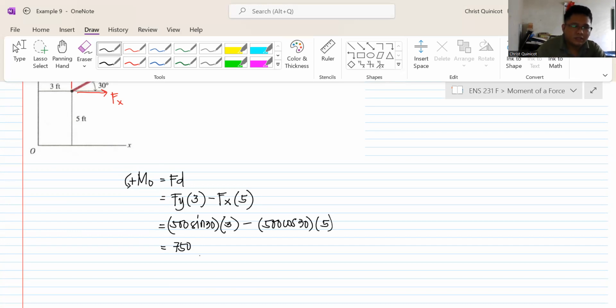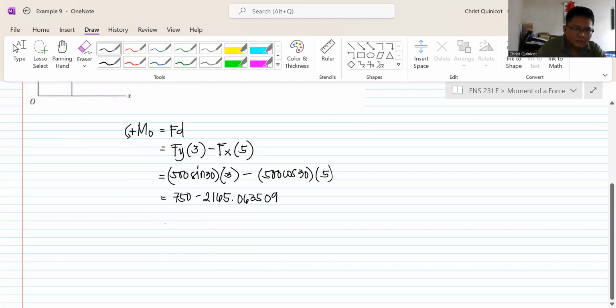That's 2165.0635. And then 750 minus that is equal to negative 1415.063509 pound-feet.